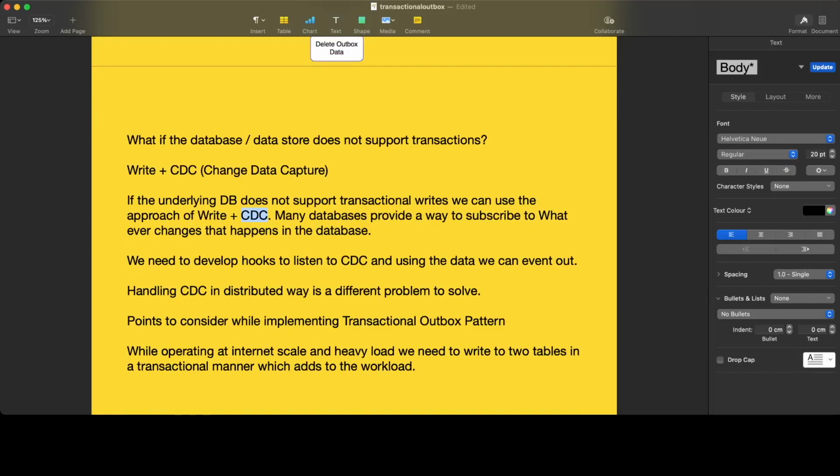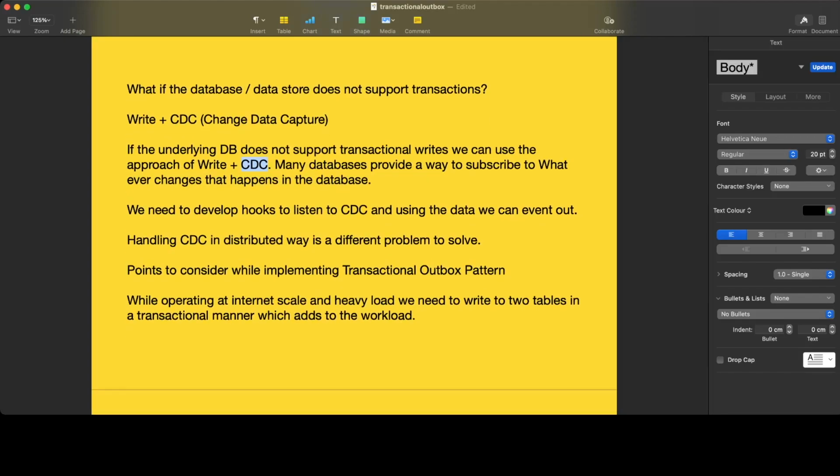Also, there are other tools such as Debezium, which offers an efficient way to capture the change data, or the data inserted within a particular table. It is a choice which has to be made by the architect or the engineer who develops the system, whether to use a transactional outbox or CDC to implement it.